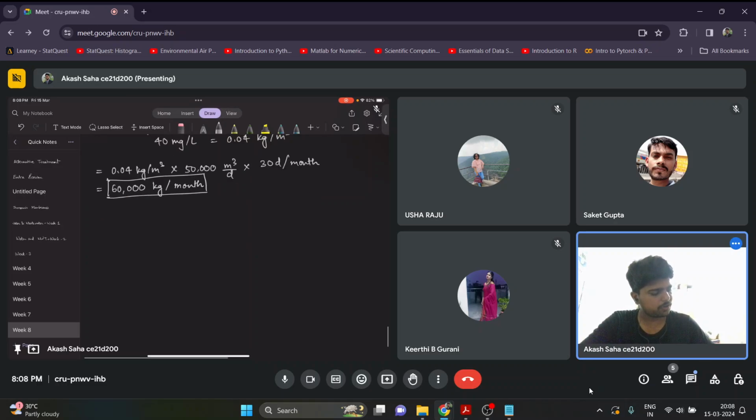Now the second part, I have to make the basin dimensions for my flocculation basin. What will be my dimension?